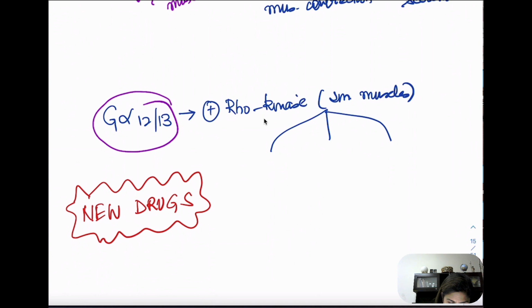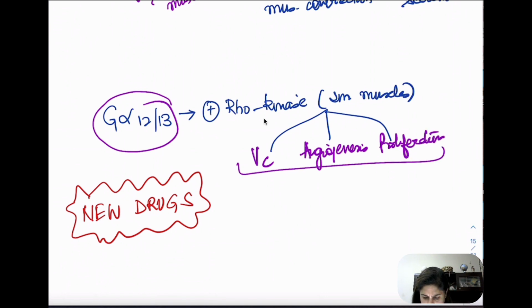There occurs constriction, so vasoconstriction happens, angiogenesis happens, and proliferation. All these things happen, and they can lead to pulmonary hypertension, and they are dangerous. This can lead to pulmonary hypertension because of stimulation of rho kinase.